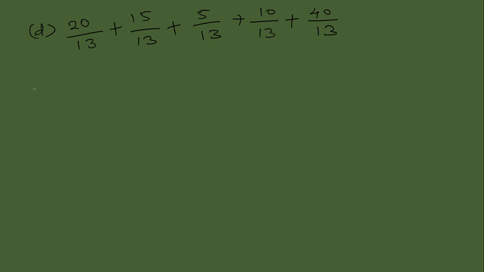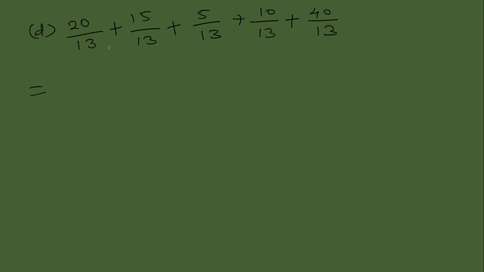So next one is, if you take a bigger example, 20 by 13 plus 15 by 13 plus 5 by 13 plus 10 by 13 plus 40 by 13. Suppose this fraction is given to you. These are all like fractions because the denominator is the same here. The only difference is in the numerator.